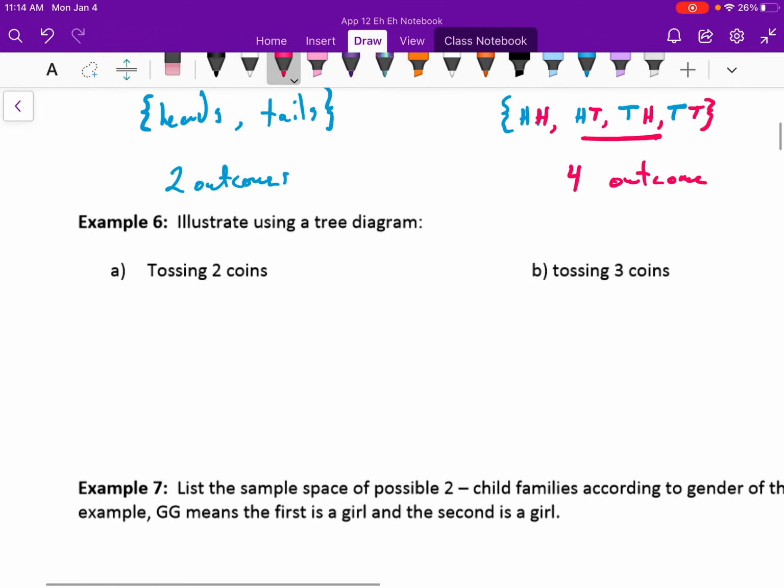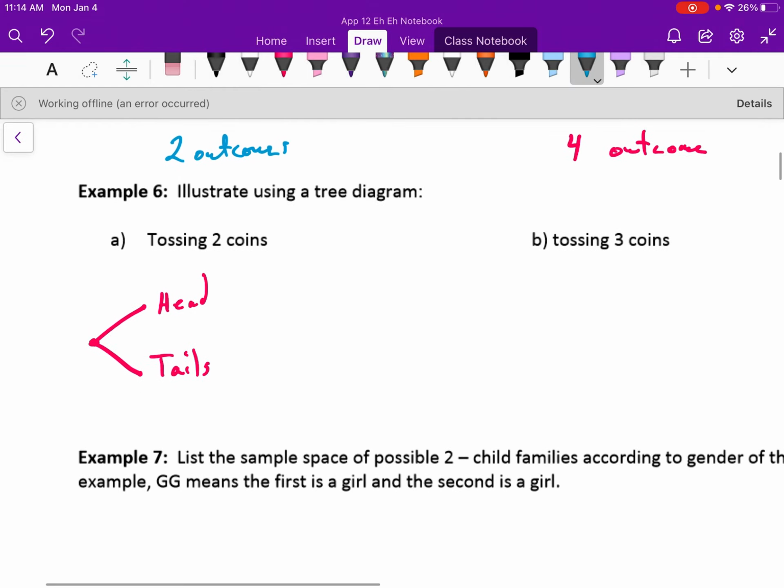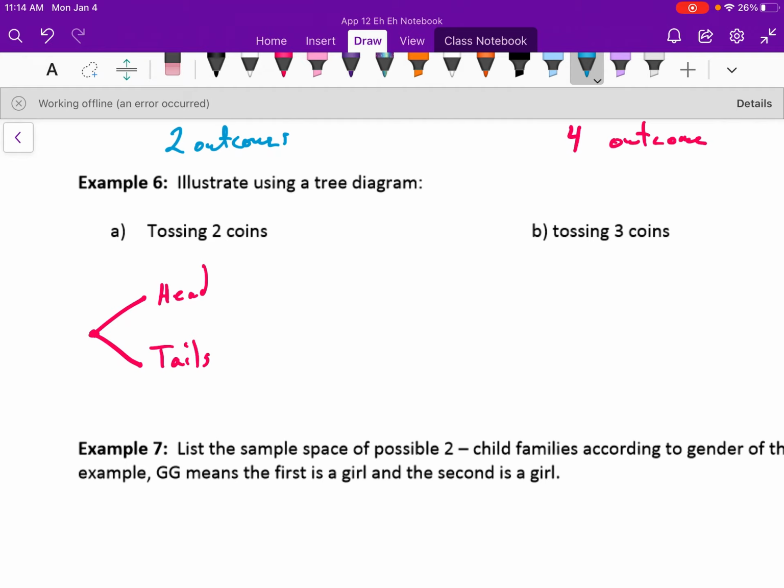So we're going to draw a tree diagram tossing two coins. I'm just going to take this dot, and remember, we used the tree diagram very briefly. This dot signifies my first coin. What are the outcomes of my first coin? A heads or a tails. I should abbreviate them H and T. I'll do that for the next one.